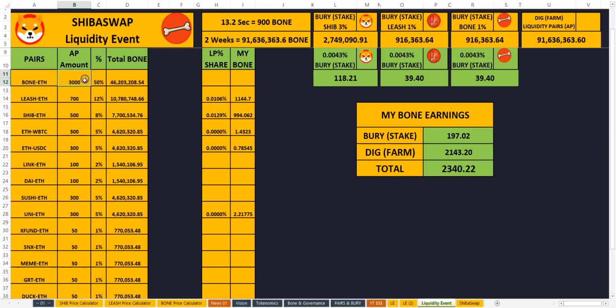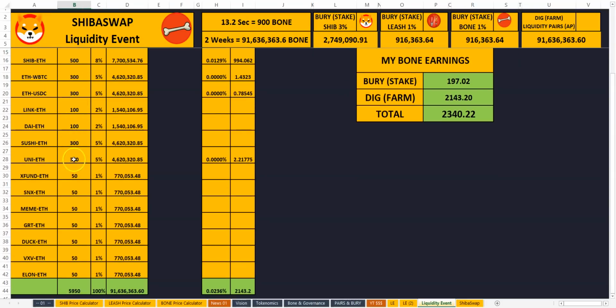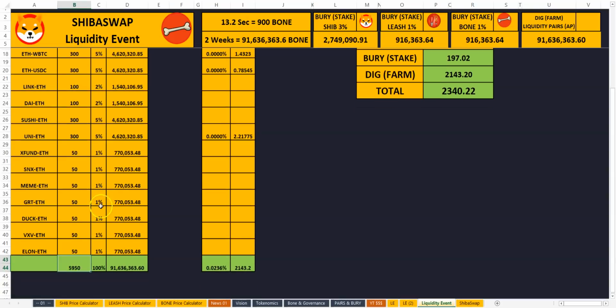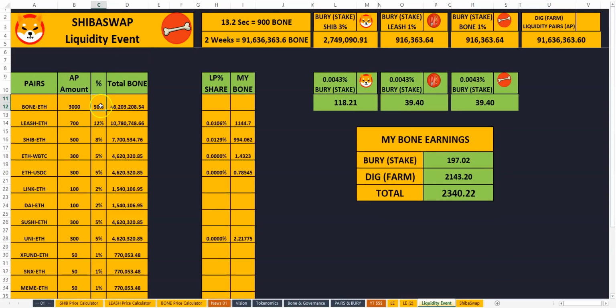And all I've done is convert that into a percentage. This is what happens when I add up all the allocation pairs for each of these given tokens. They add up to about 5,950, and I've given those a percentage weighting.